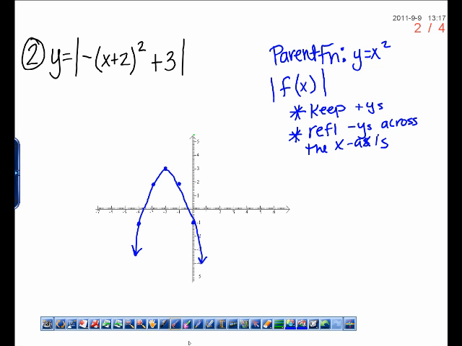This is an extension. If you have a different color, you might want to use it for this next part.